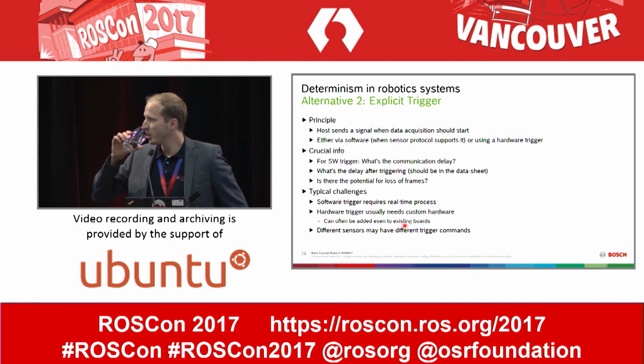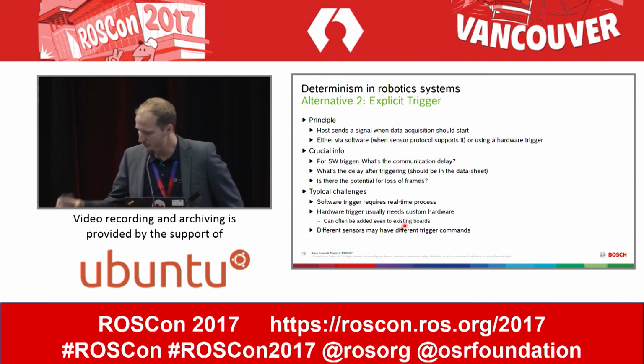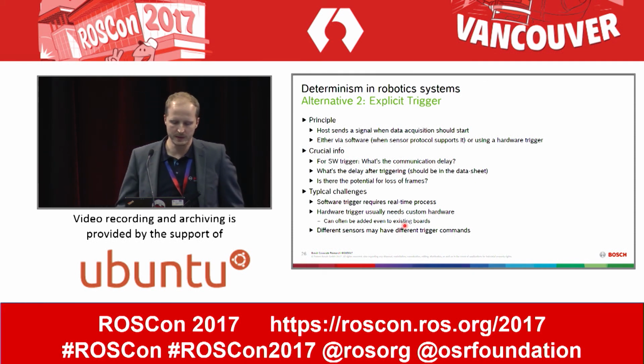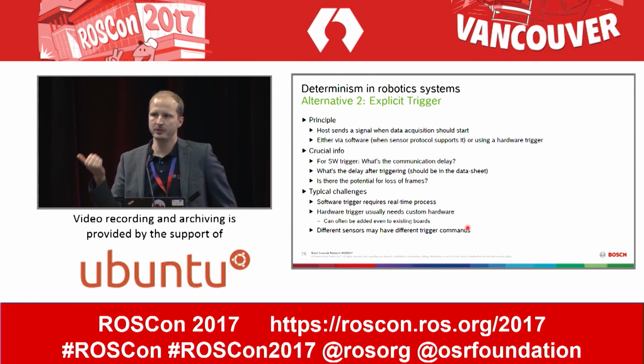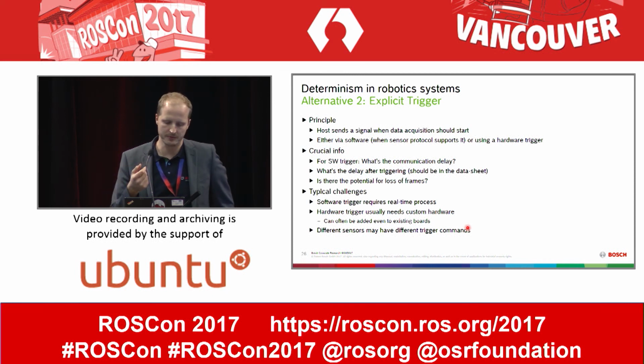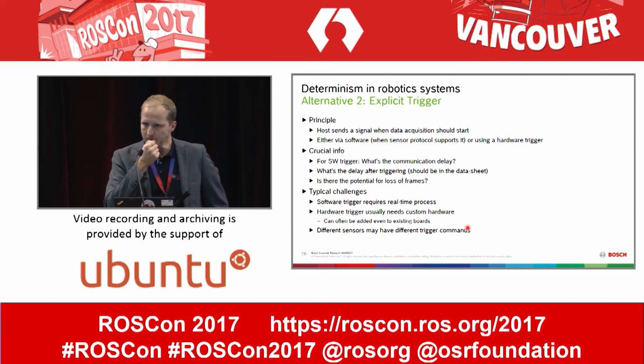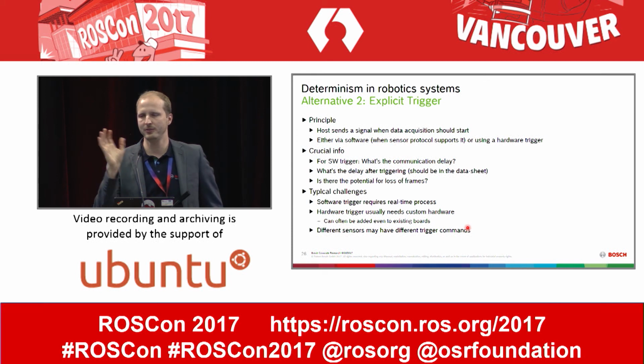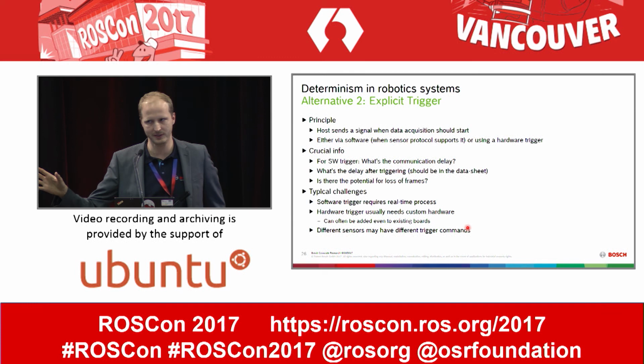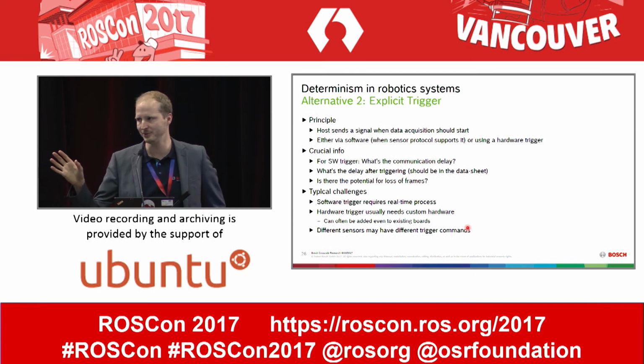And well, this is not so easy. For the software trigger, you need a real-time process. That's fairly easy. But for the hardware trigger, you usually need custom hardware. And I've seen a couple of scientific papers which say, this is so difficult, and this is such a big effort to integrate, so we're using this hugely complicated method to estimate the clock drift. Seriously.